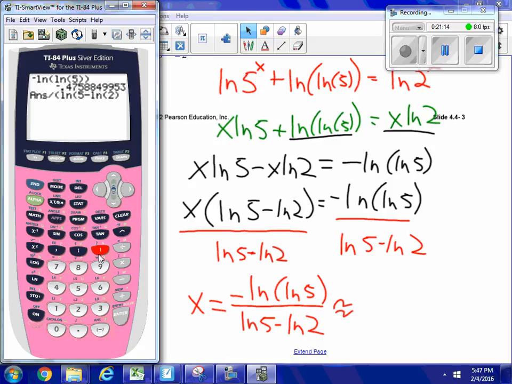Oh, wait, I missed a parentheses here. I always forget that the logarithm requires me to add the parentheses. So second, insert parentheses. Now I need to go to the end here and put my final parentheses there. And my answer is approximately negative 0.52.